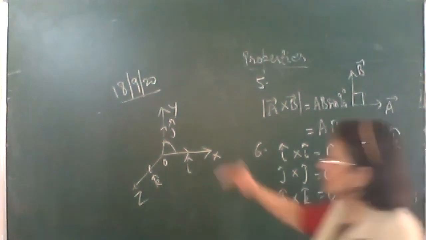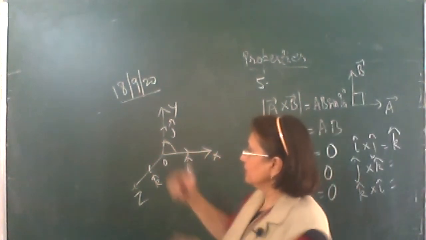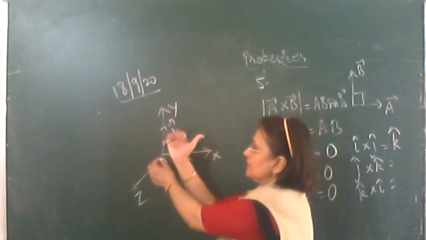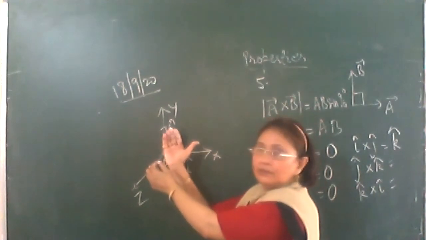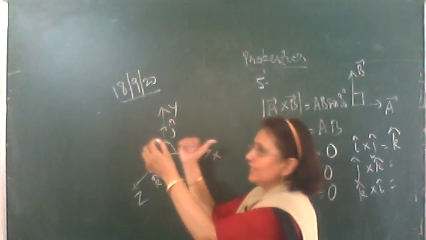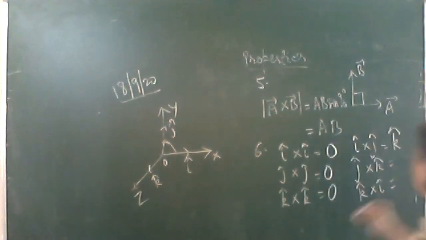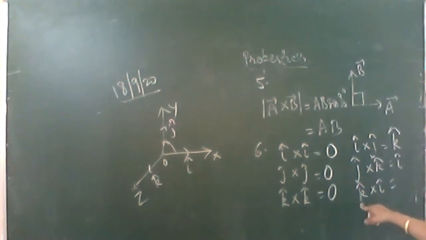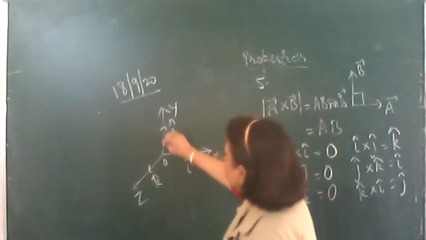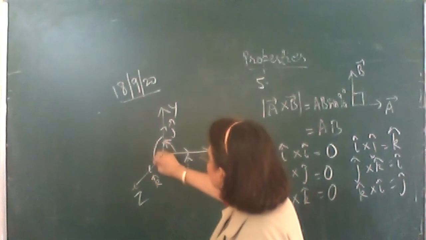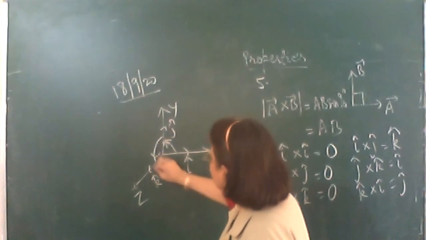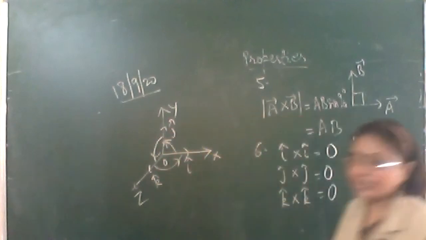The same way, j cross k cap: moving from y to z axis, it is i cap. Similarly, k cross i cap will be equal to j cap. So i cross j is k cap, j cross k is i cap and k cross i is j cap.